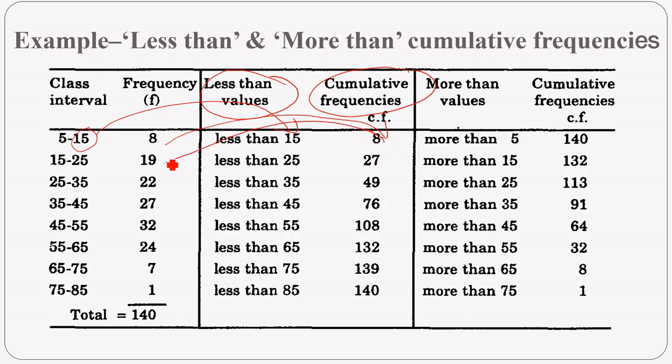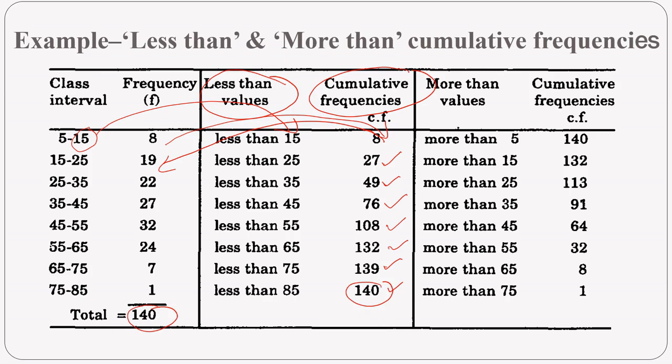So the result is 27. Then 27 plus 22, you will get 49. 49 plus 27, you will get 76. 76 plus 32, 108. 108 plus 24, 132. Then 132 plus 7, you will get 139. 139 plus 1, 140. So this 140 and the frequency total 140 are the same. Then your less than cumulative type of problem is right.